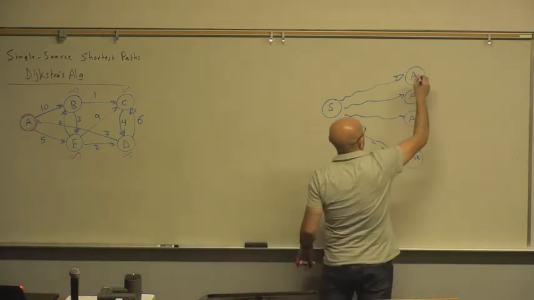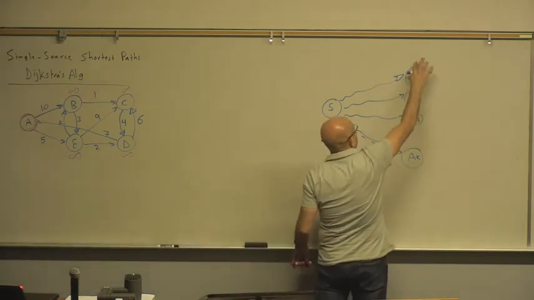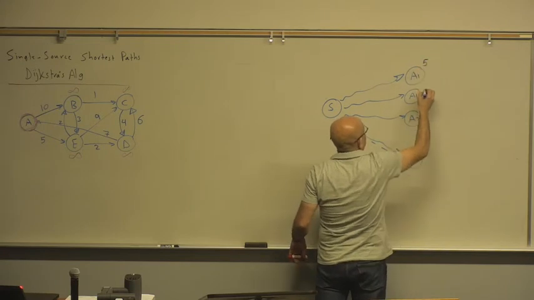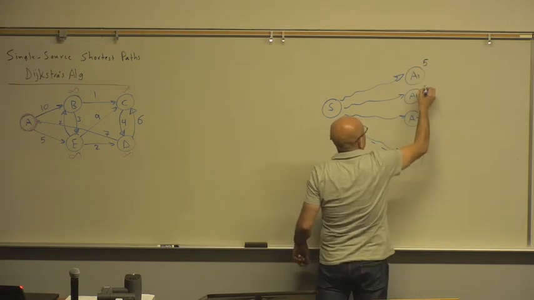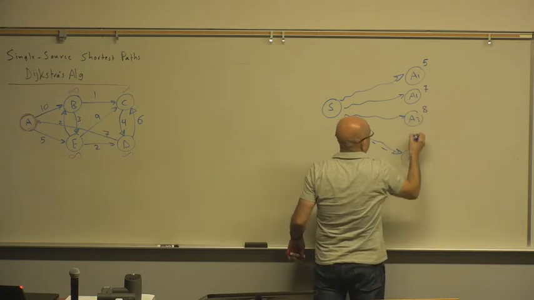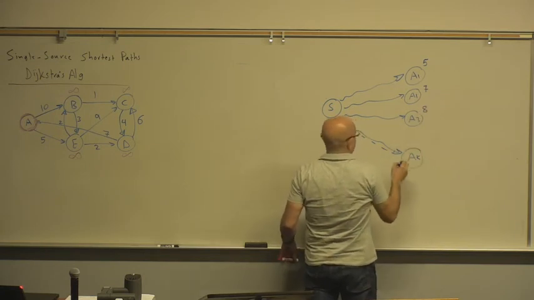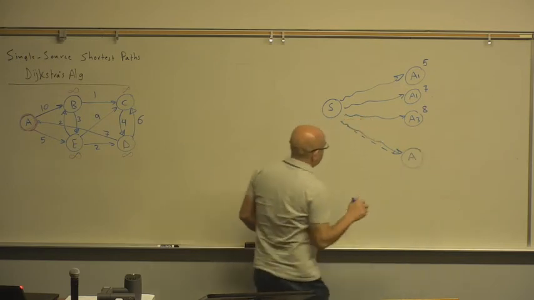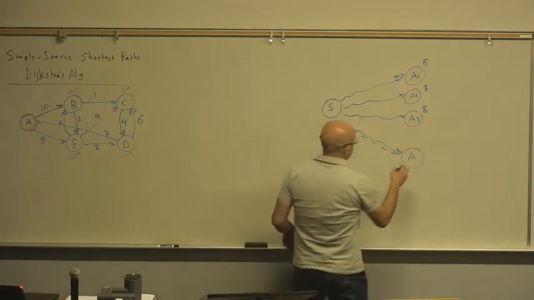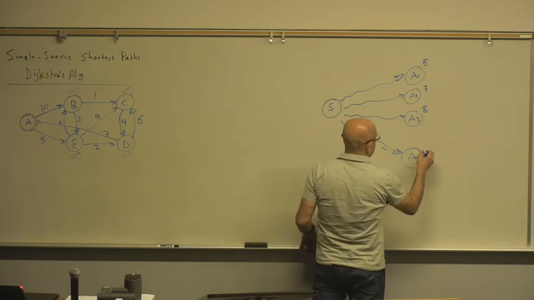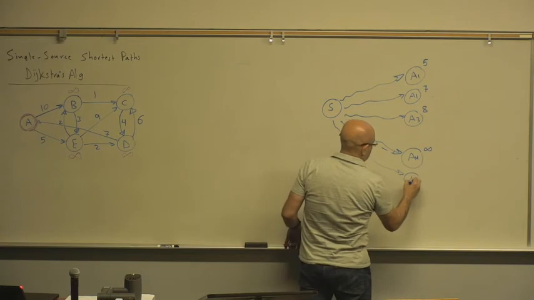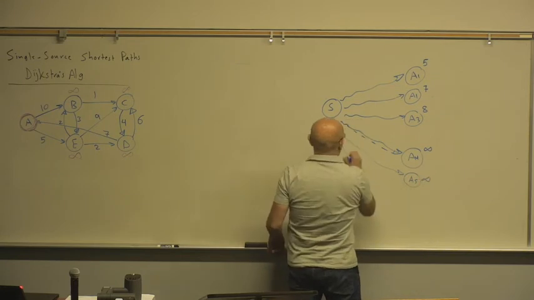Assuming that this has a computed distance of 5, and this has a distance of 7, 8, and let's just give them some numbers, and A4 has a distance of infinity, and everything else has infinity.